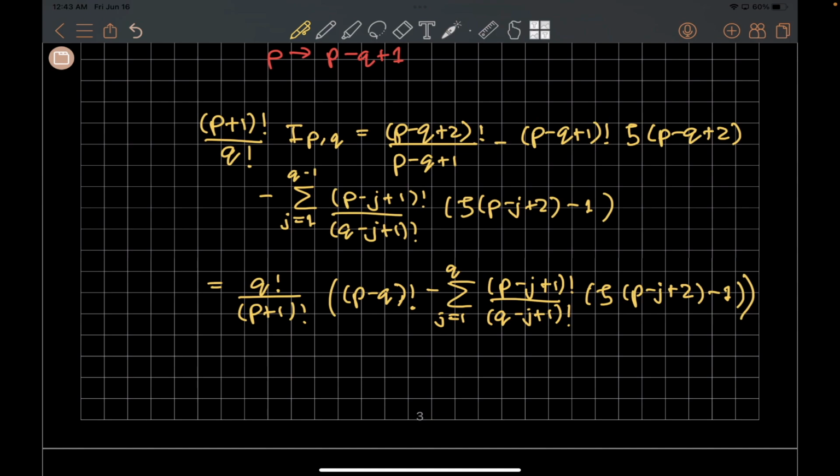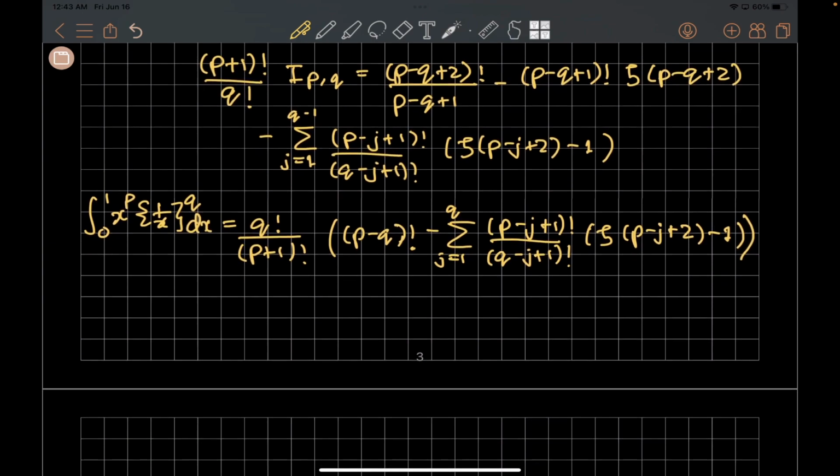Yep, that's the grand result. This is equal to the integral of x to the p times the fractional part of 1 over x to the q dx. That's it. That's the big result.